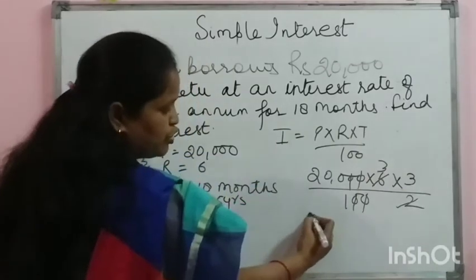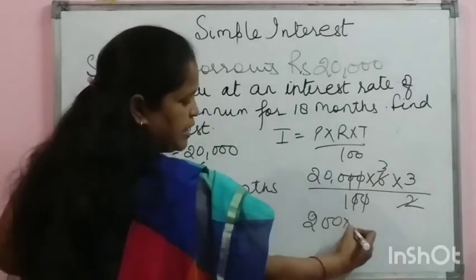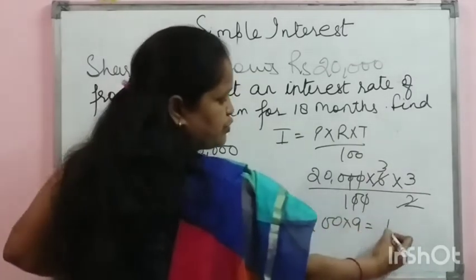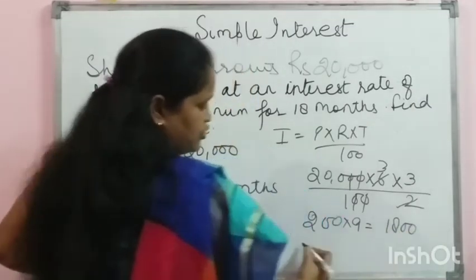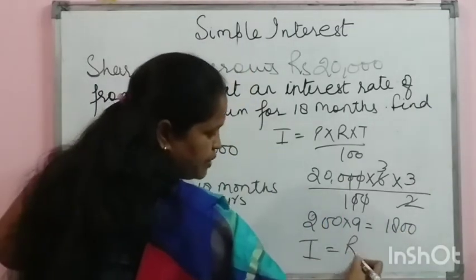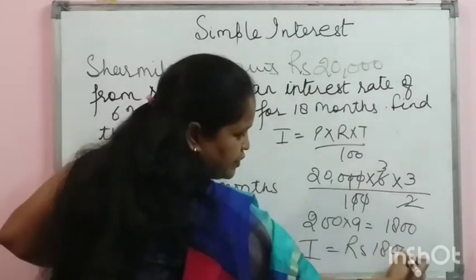Now this is 200 multiplied by 9, which gives you 1800. So your interest is rupees 1800.